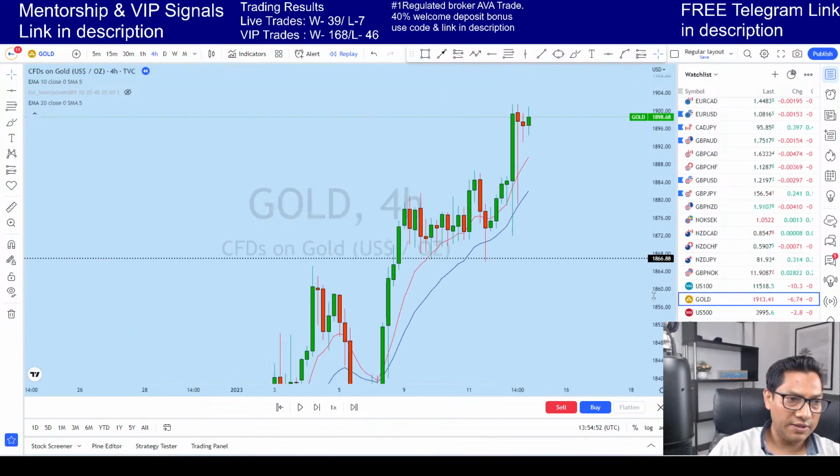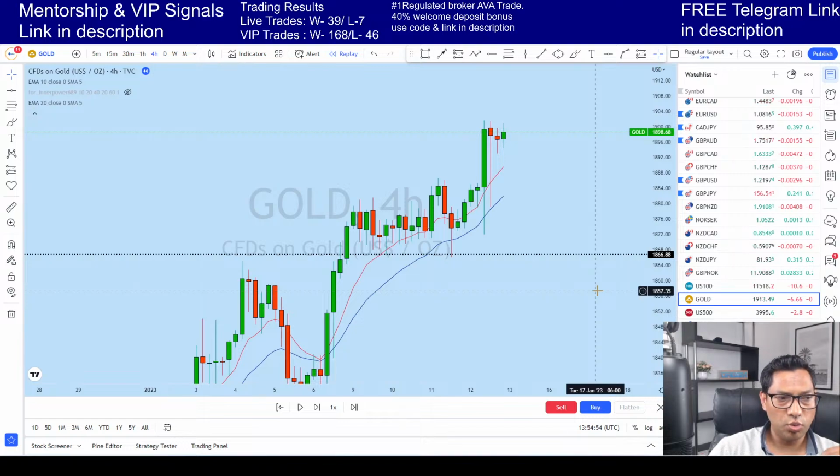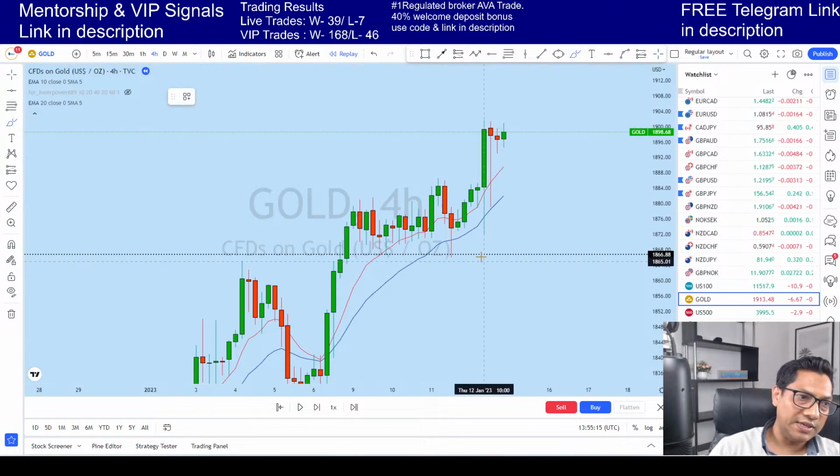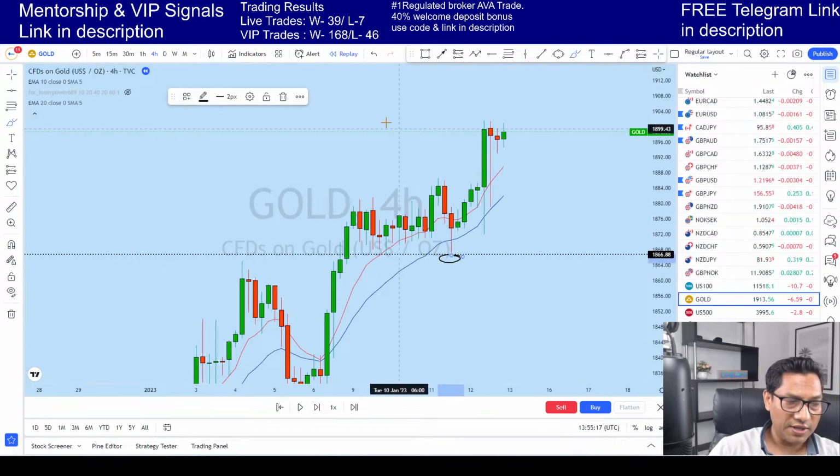So basically that's how you can detect manipulation. When an important area of value is violated and then the price suddenly goes back to the range or older direction, that's manipulation. I previously explained a lot about why manipulation happens.